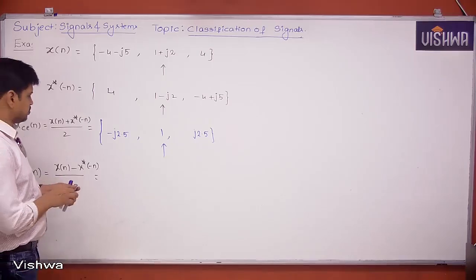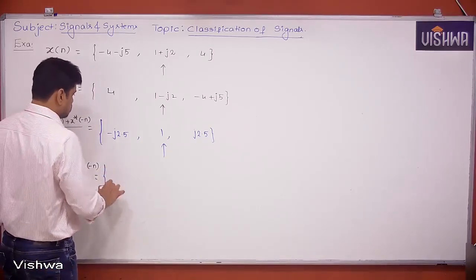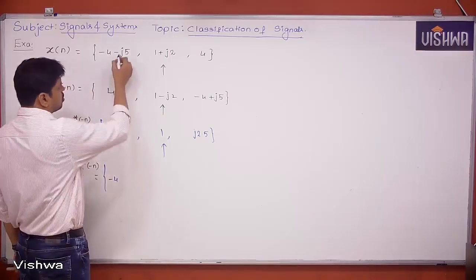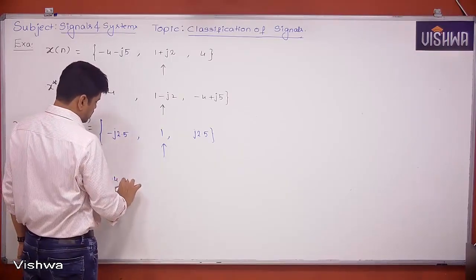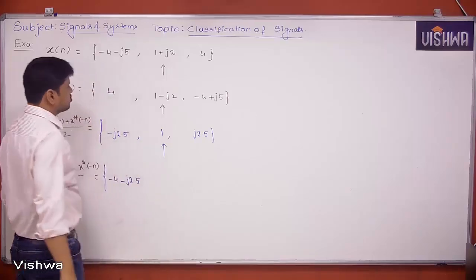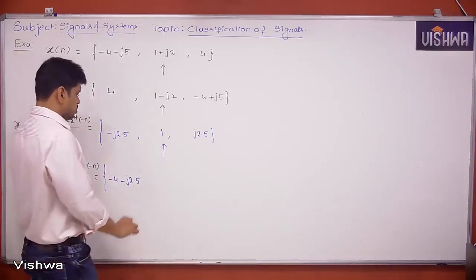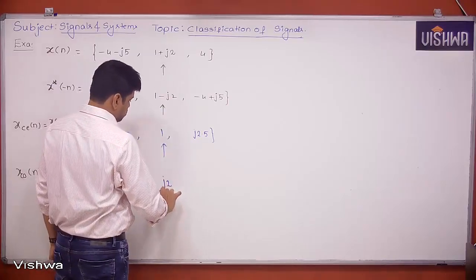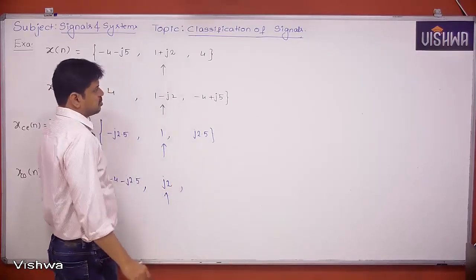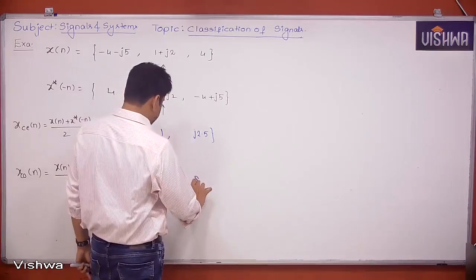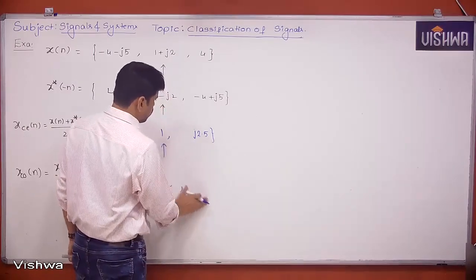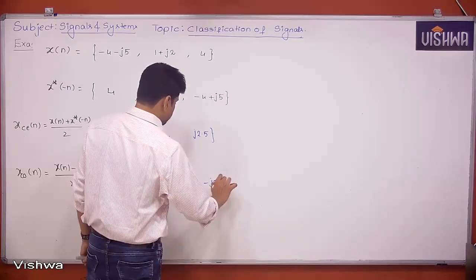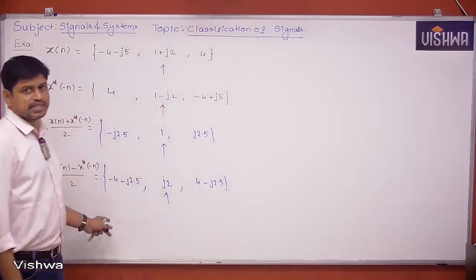Subtract it. Minus 4 minus 4, that is minus 8 by 2, that is minus 4, minus j2.5, comma, these two get cancelled, j2, next, 4, minus j2.5. So this is the antisymmetric part.